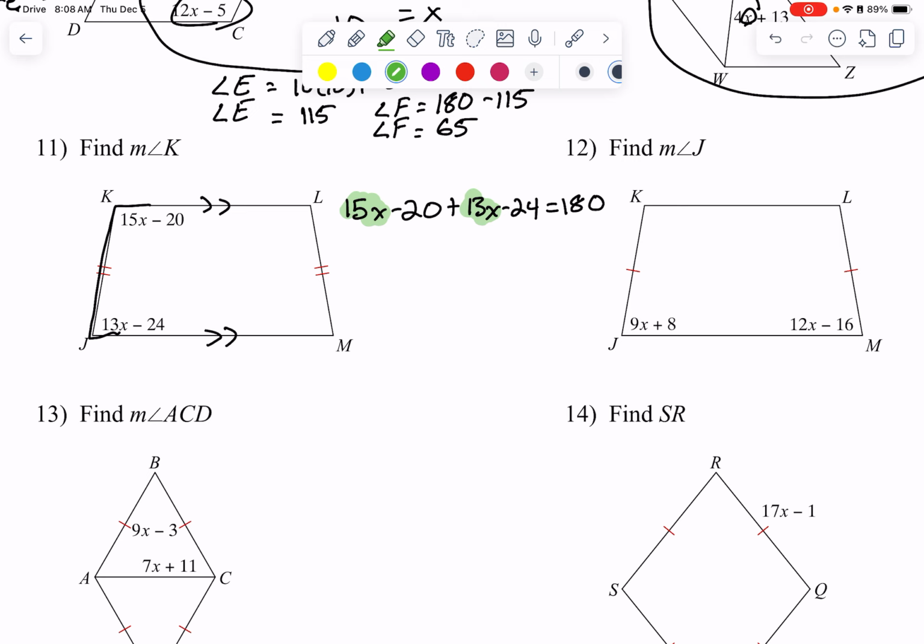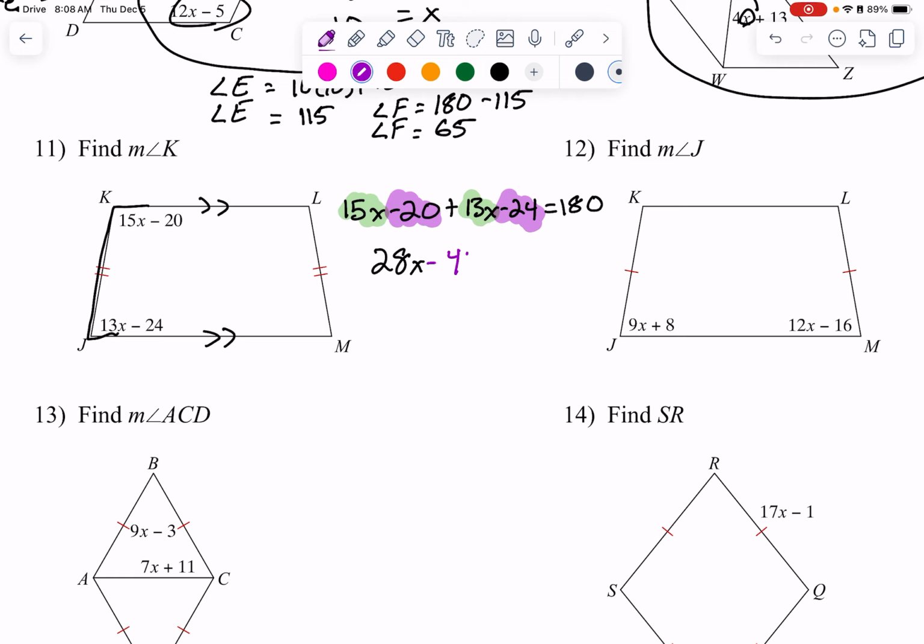And we can combine those to make 28x. Then we'll do the minus 20 and the minus 24. Combine those, and that would become minus 44.